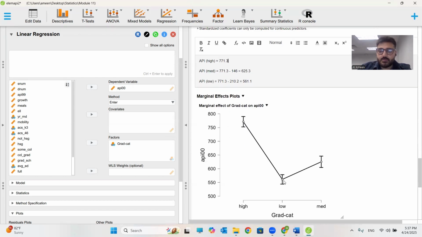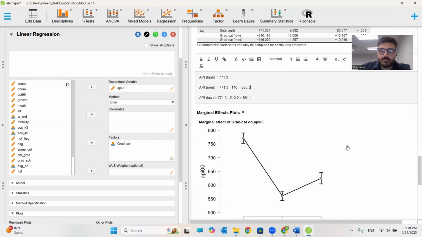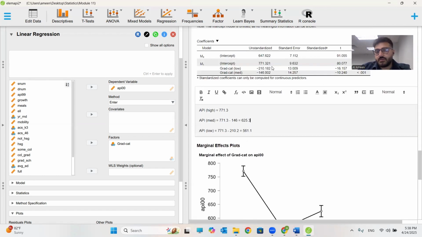And then schools with a lower percentage of kids whose parents went to grad schools, we can expect the API to fall low, somewhere between 600 and 650, and my number also holds up. Same story over here for the percentage of medium parents who went to graduate schools. And this plot basically describes the same values that we were able to gather from here.